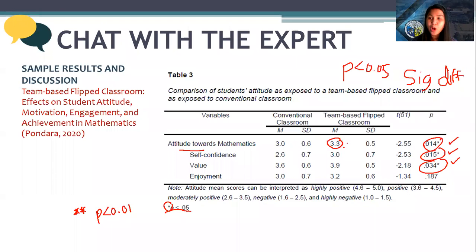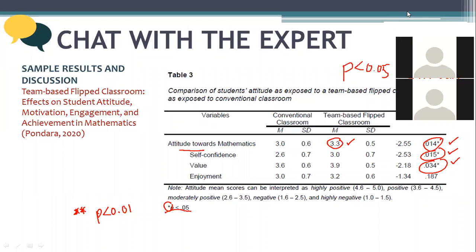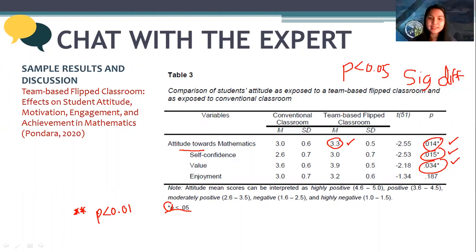So in favor of the team-based flipped classroom. Next, the self-confidence is also different in favor of the team-based flipped classroom. The value is also different in favor of the team-based flipped classroom.